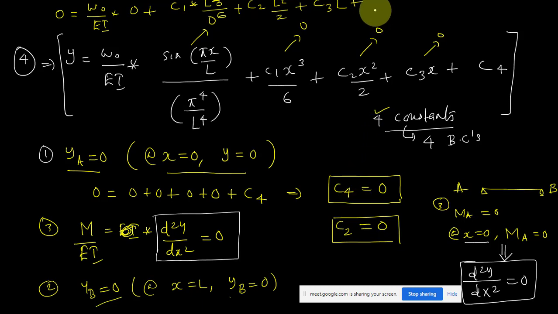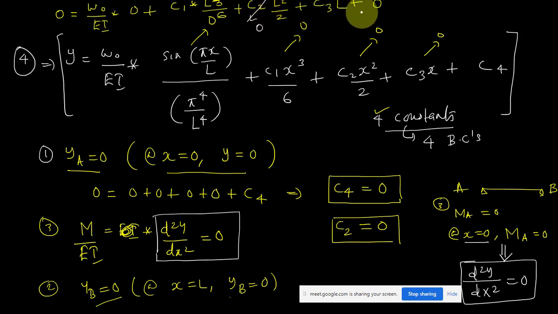C4 is already 0, and C2 is also already 0. So here you will get the equation C1 L cube by 6 plus C3 L equal to 0.